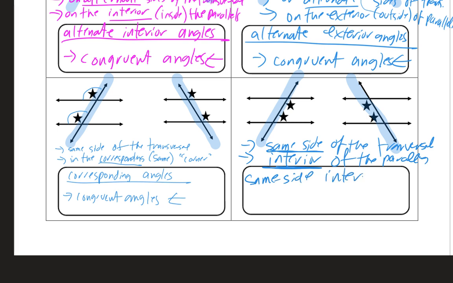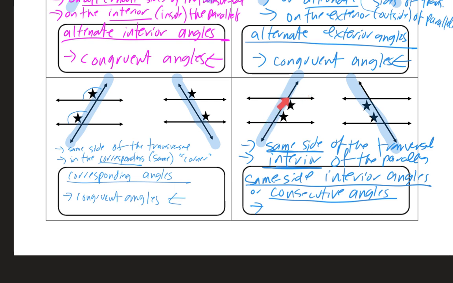Now these also are called consecutive angles. So on the test, and especially our DCP, they may be called different things.